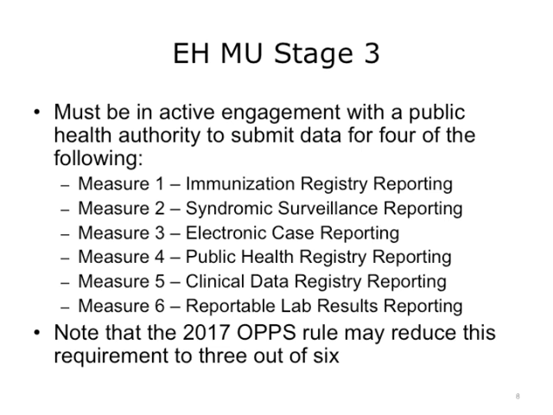Note that the 2017 Outpatient Prospective Payment System, or OPPS, rule may reduce this requirement to 2 out of 6. The hospital could choose to report to more than one public health or clinical data registry. Also notice that for MU Stage 3 and MIPS, registries are classified as public health registries and non-public health, or rather clinical data registries.